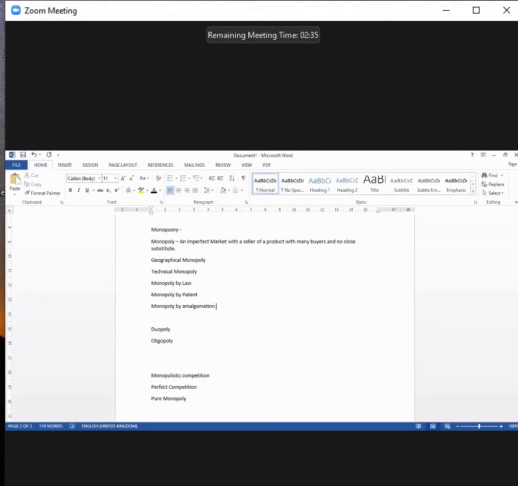You can also have technical monopoly. Technical monopoly is a kind of monopoly that arises due to the technical impossibility of having another person in that business. If you want to break the monopoly of NEPA, how would you do it?